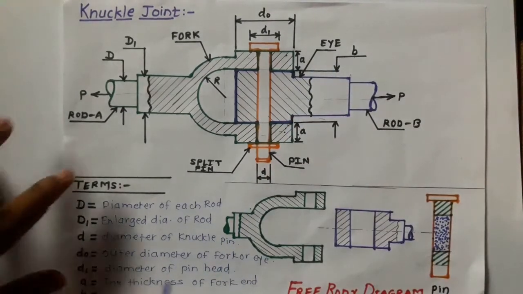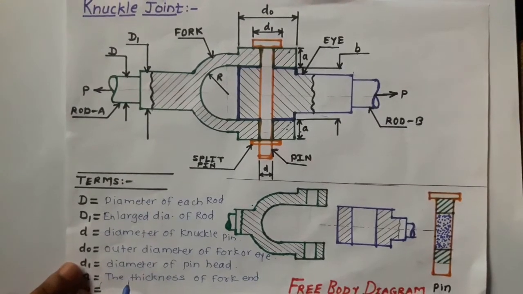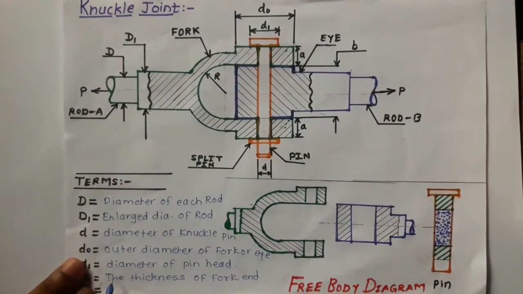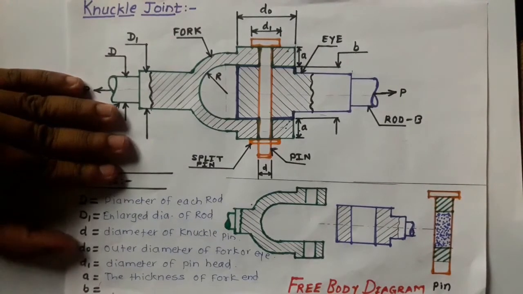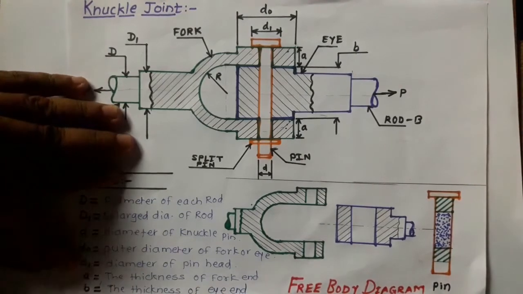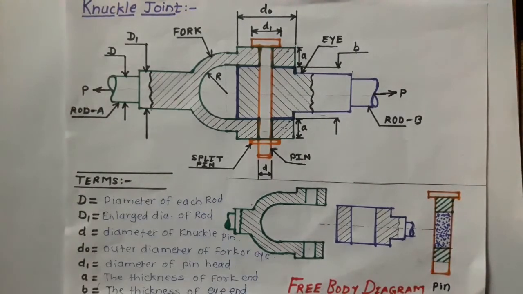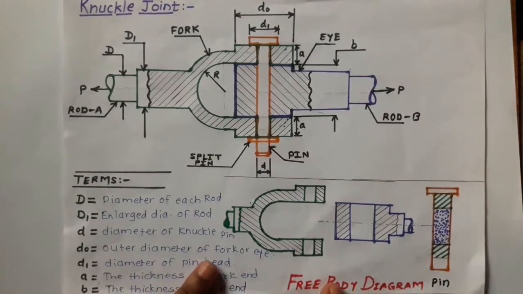So you can write here small b as the thickness of eye end.